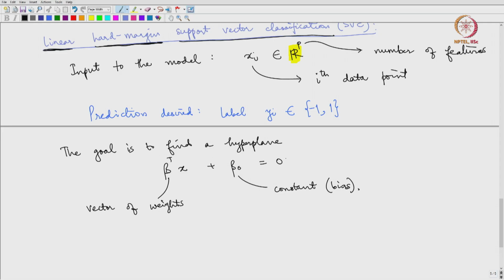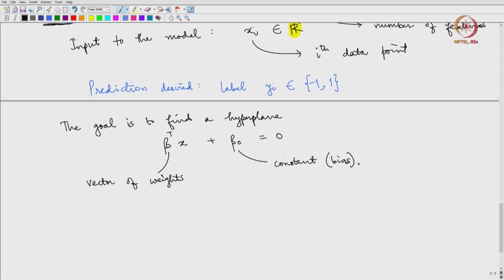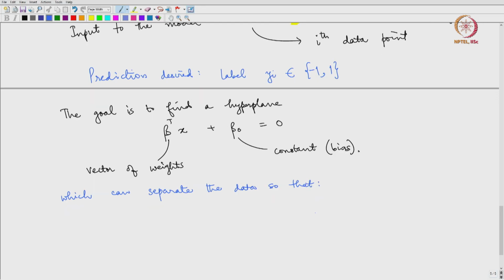So, this is the hyperplane that we are after, and the desire is that this hyperplane can separate the data so that one set of points is falling in one class and the other set of points is falling in the other class.